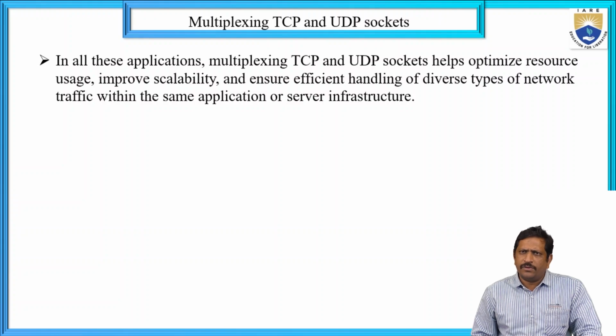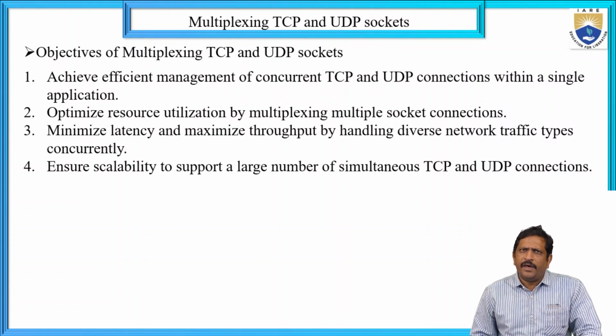So all these applications can be utilized like this. The objective of multiplexing TCP and UDP sockets is to achieve efficient management of concurrent TCP and UDP connections within a single application. The next objective is to optimize resource utilization by multiplexing multiple socket connections.